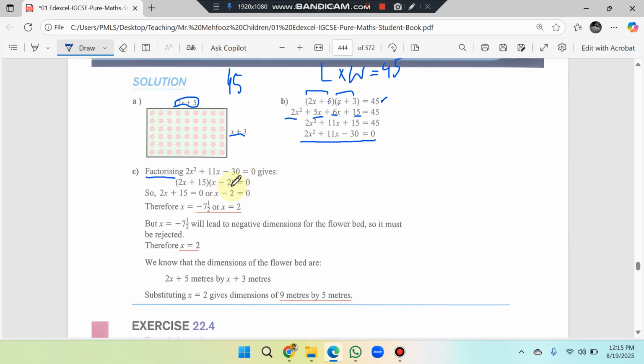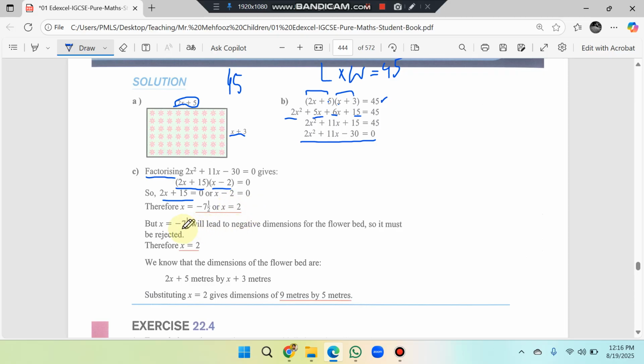The multiplication of these two factors is equal to 0. After that, this factor equals 0 or this factor equals 0. So it becomes 2x plus 15 is equal to 0 or x minus 2 is equal to 0. From the first factor, you have the value of x, that is minus 7 and a half, and the second one is x is equal to 2.